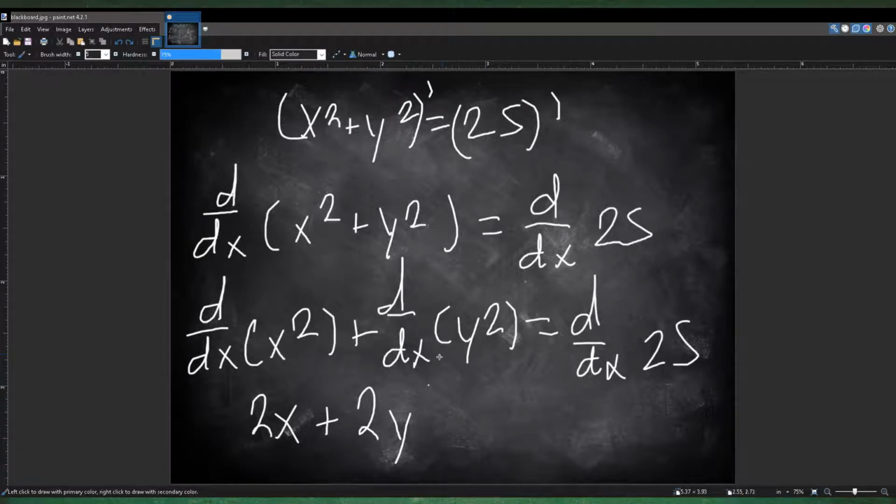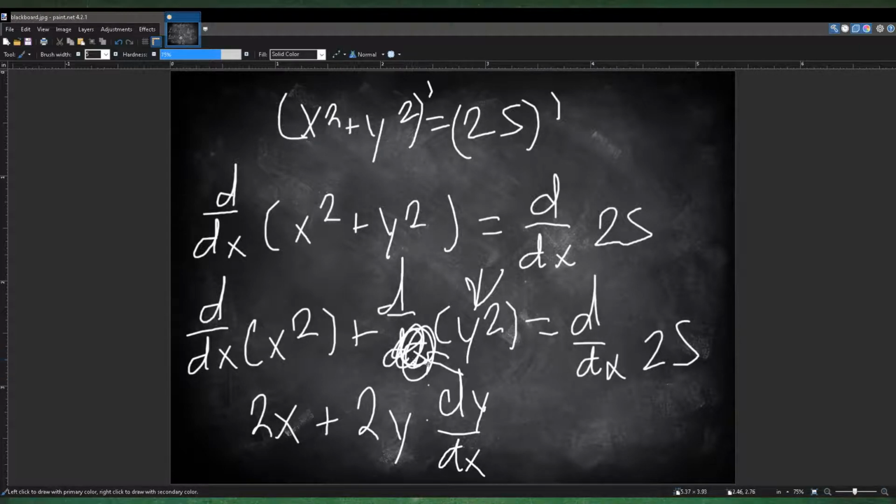But now for this case, what we have left is a dy over dx, basically, because we're not doing the derivative of y with respect to y. We're doing the derivative of y with respect to x, right?